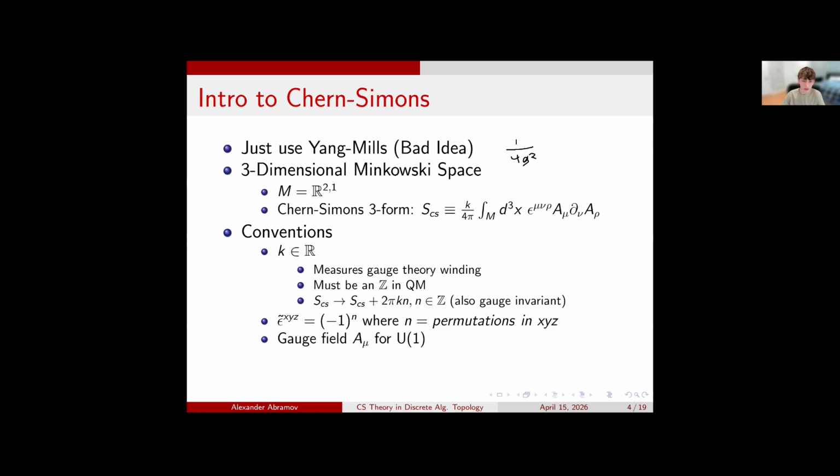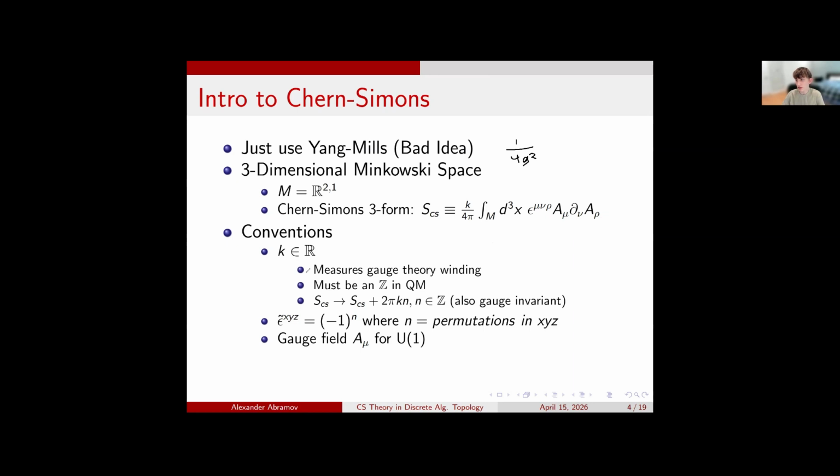Firstly, this k term is our Chern-Simons level, and it's a real number. It's an integer in quantum mechanics. We'll get to that in a second as well. When you get to quantization, that's when it's really important that it's an integer. But it's really similar to Yang-Mills theory in that it has a strength level, so it just measures the strength of the theory.